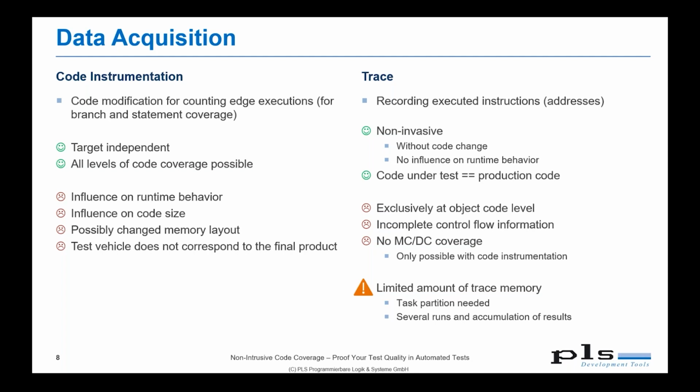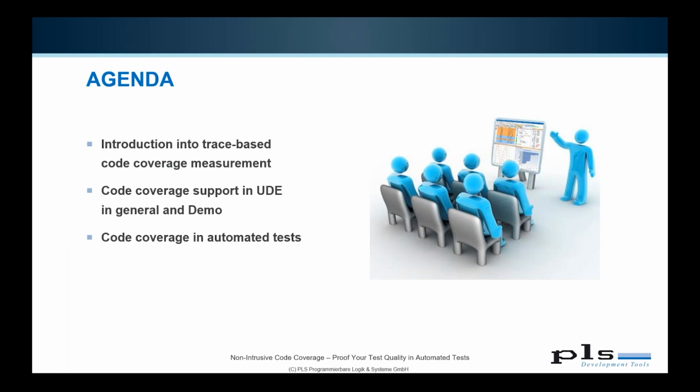And this trace memory is always limited, so in the typical use case of trace-based code coverage, you have to test the functions one by one and then accumulate the code coverage results. I'll show you later on how it works.